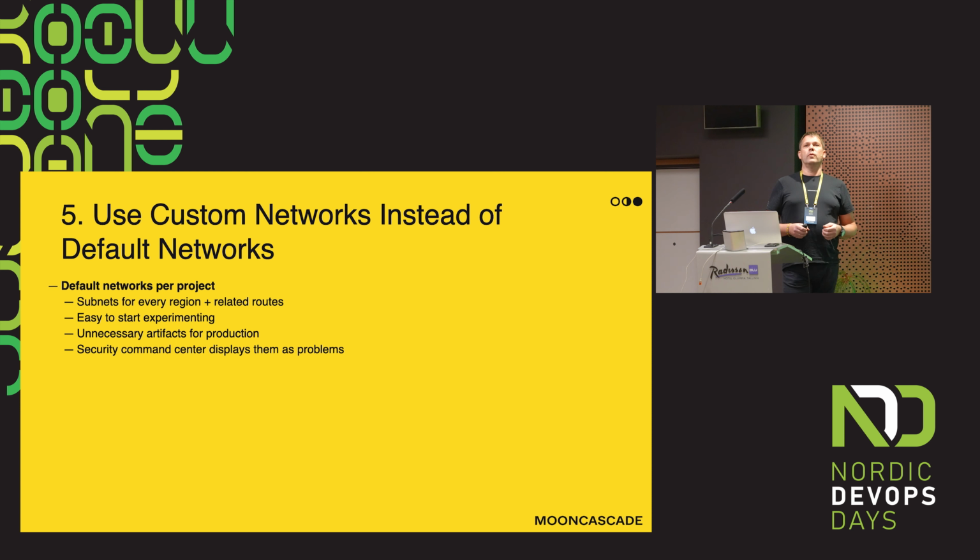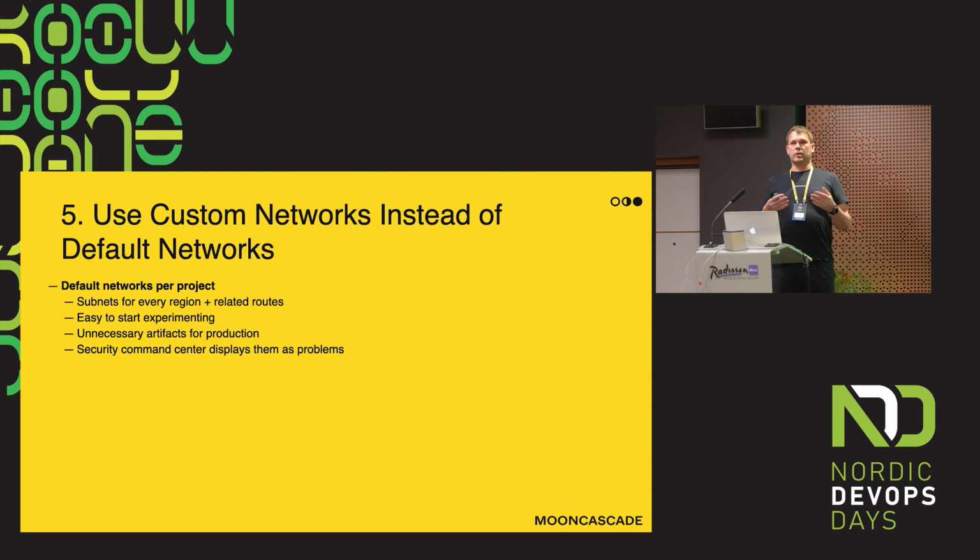Similar things with networks. Whenever you create a project under your organization with default settings, the default network also gets created. And this default network comes with subnets for every region, plus related routes.